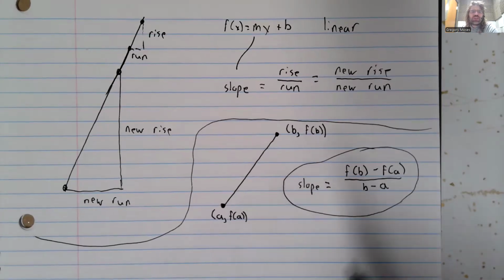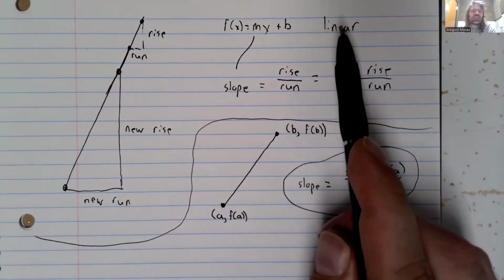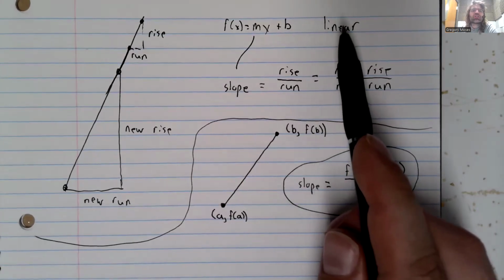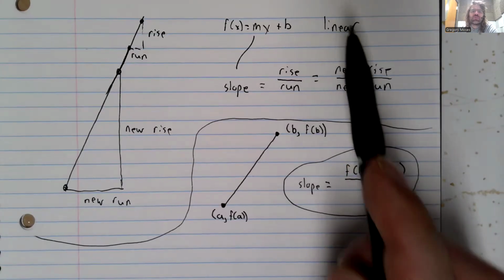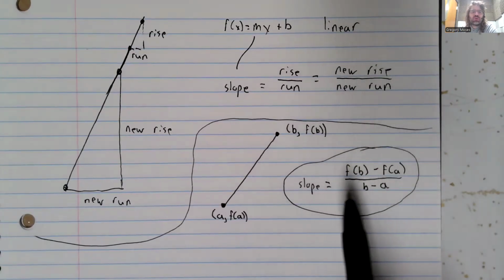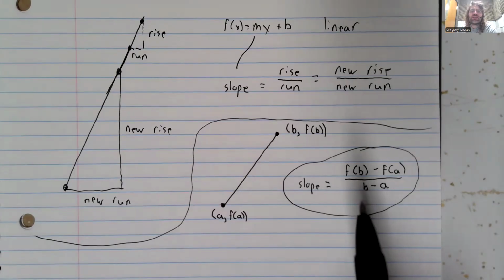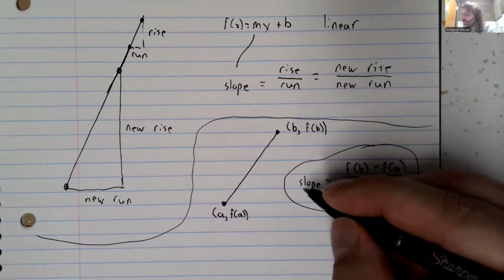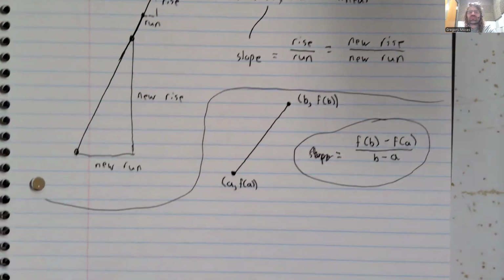Well, even if we don't have a linear function, even if our function is non-linear, this little equation still means something. We stop calling it the slope.